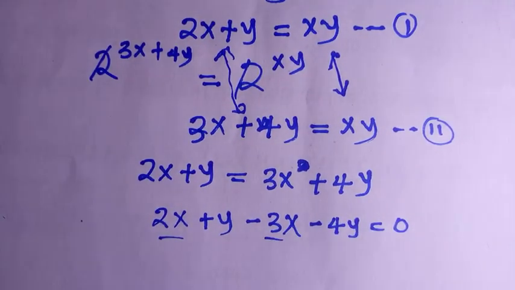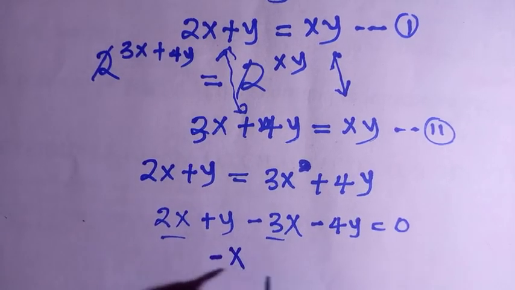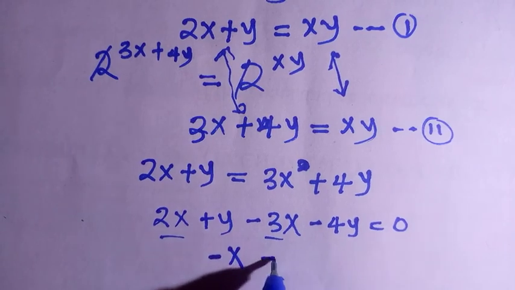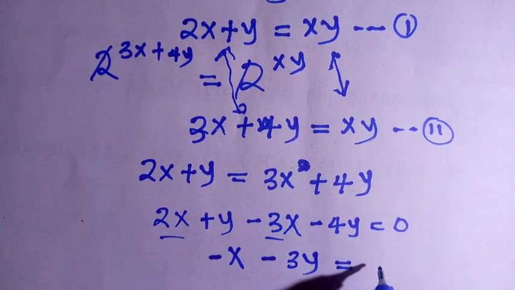So 2x minus 3x is negative x, and y minus 4y is negative 3y, equals 0.